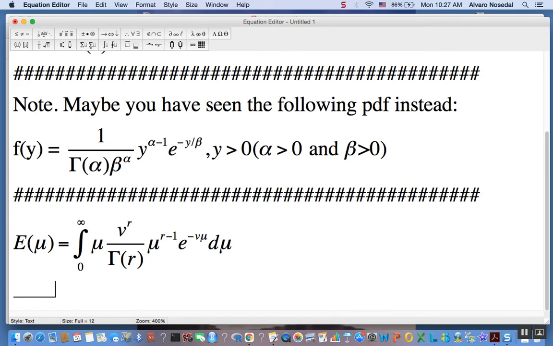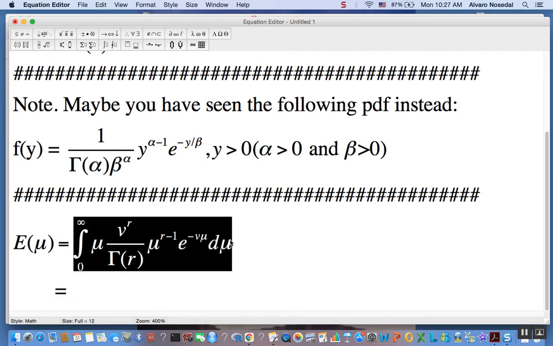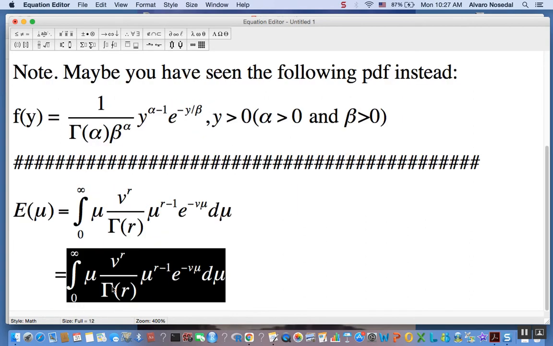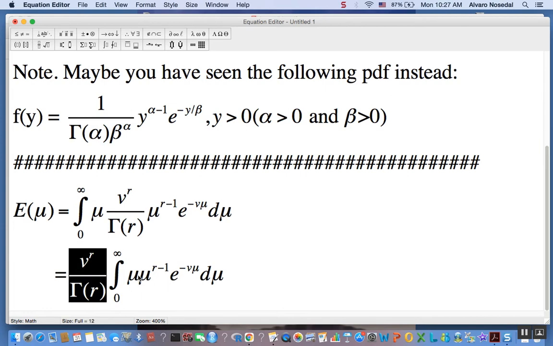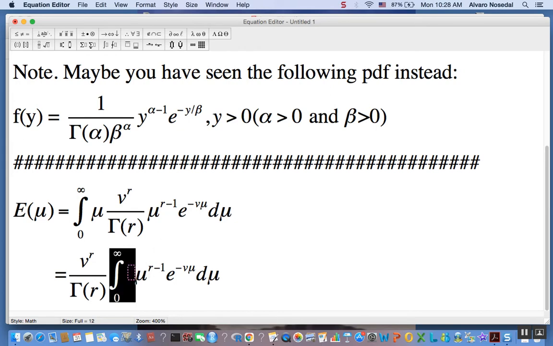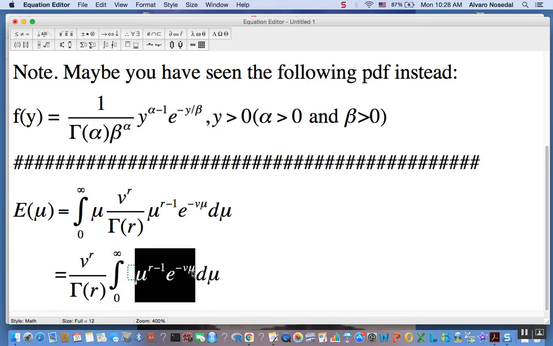So now, let me pull out that constant that doesn't depend on mu, so it is not going to be important to have it inside that integral. And then mu times mu to the r minus 1 is the same as mu to the r plus 1 minus 1.